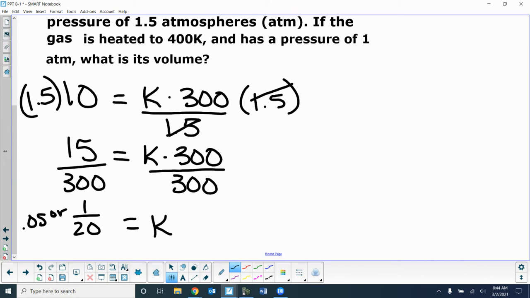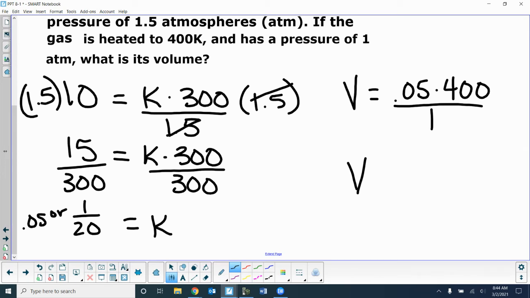All right, then it says, if the gas is heated to 400, has a pressure of 1, what's the volume? So I can put 0.05 times 400 for the temperature divided by 1 atmosphere. Is that what it is, 8?